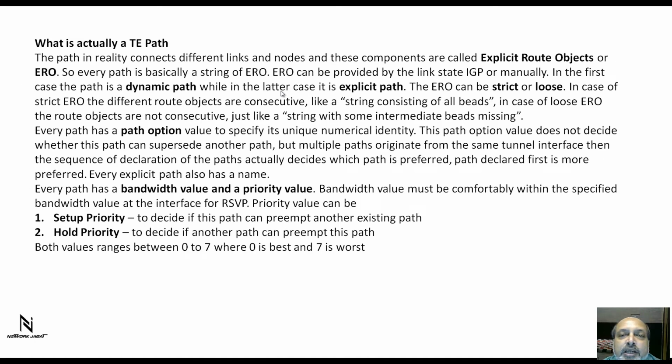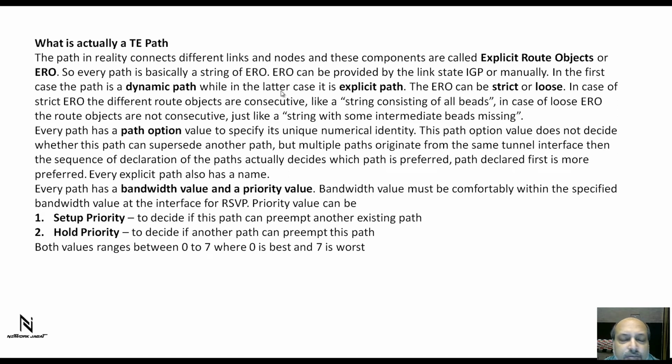Now, what is actually a TE path? We have already understood that a TE path is nothing but a portion of the IGP domain which has a guaranteed bandwidth, right? Now, definitely that portion of the IGP domain should be having certain entities. That virtual path should be touching certain entities. It should not be hanging in the air, isn't it?